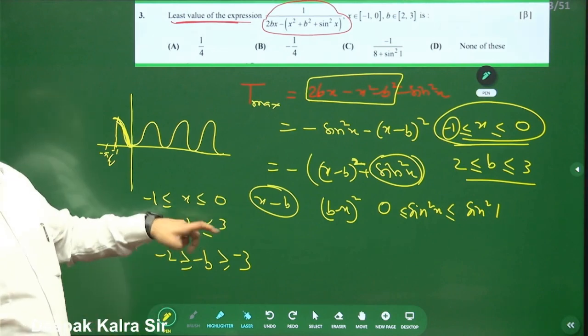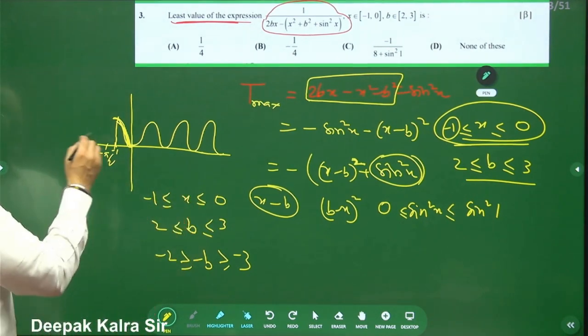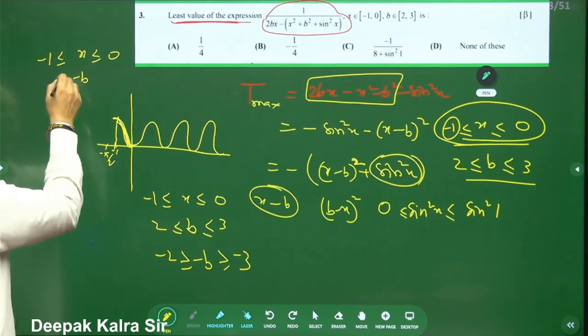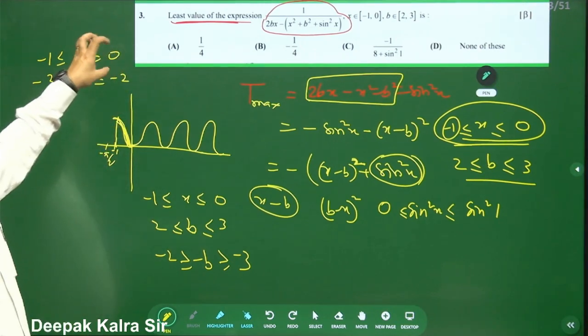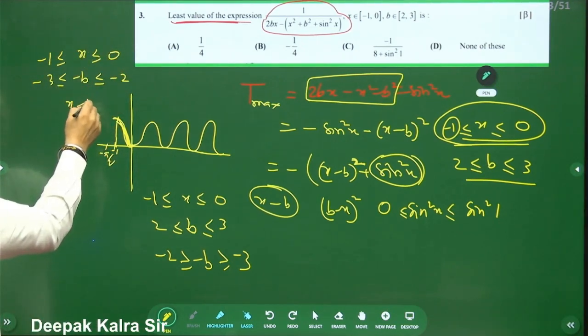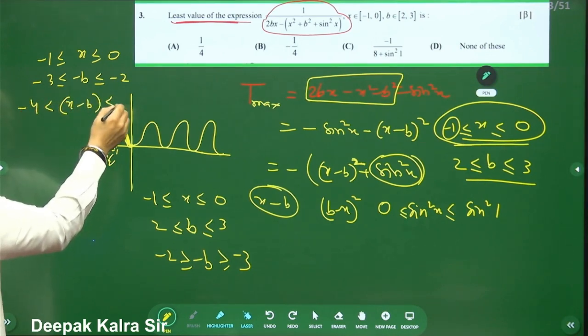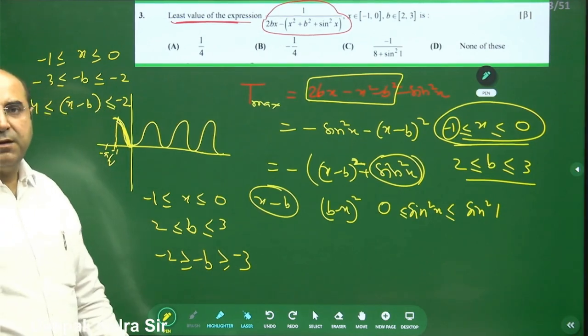And then I'll add up with the inequality being given. The inequality is minus 1 to 0 and minus b is minus 3 to minus 2. If I add them up, my value lies in minus 4 to minus 2. Clear?